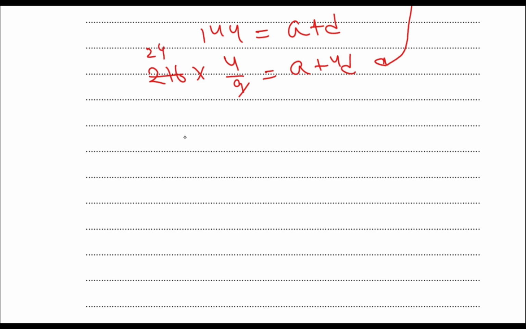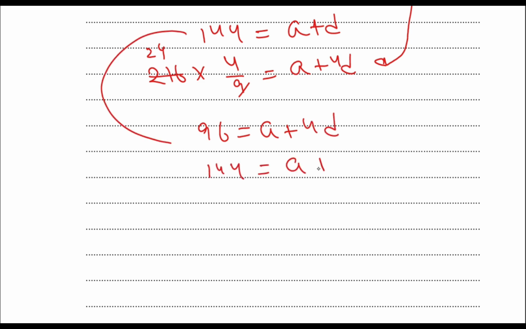18, 24, 24 fours are 96. 96 is equal to a + 4d, and the first term was 144 is equal to a + d. So by changing sign, we will have these terms, 4d minus d equal to 3d, 96 minus 144, it will be equal to minus 48.